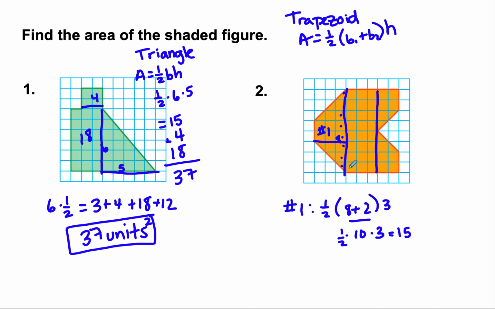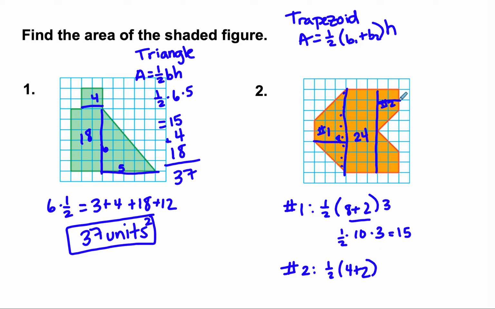Let's see, I counted that as 8. 1, 2, 3. This part would be 24. And then these two are the same. So for that one, let's see, I've got 1, 2, 3, 4. 1/2 times 4 plus 1, 2.